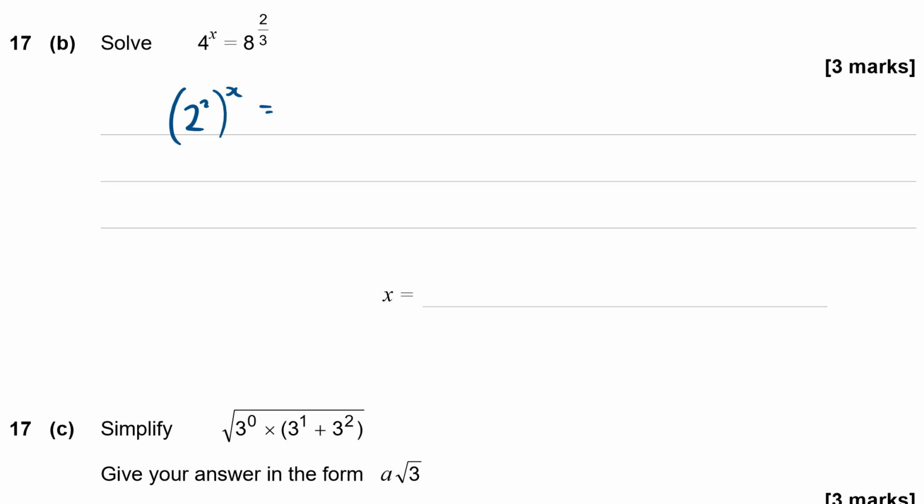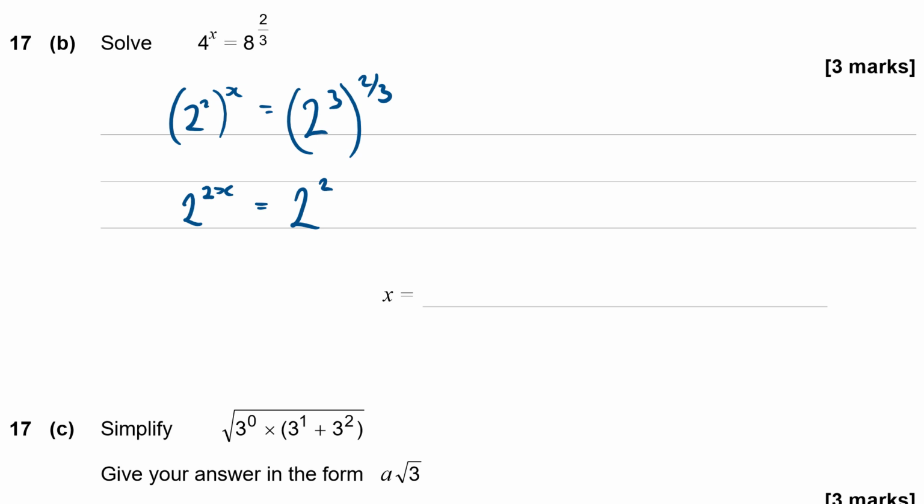Now 8 is 2 cubed, so 2 cubed to the power of 2/3. When you've got an index and an index like that, you multiply them together. So that's the same thing as 2 to the power of 2x is equal to 2 to the power of, what's 3 times 2/3? That's just 2, isn't it? So 2 to the 2x is equal to 2 to the 2.